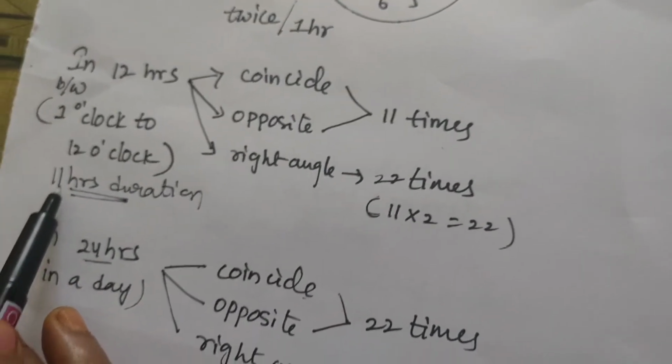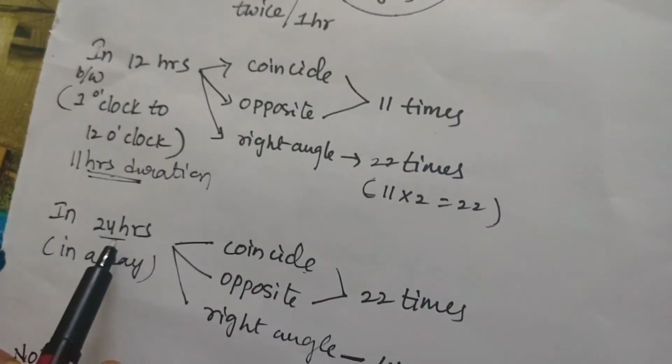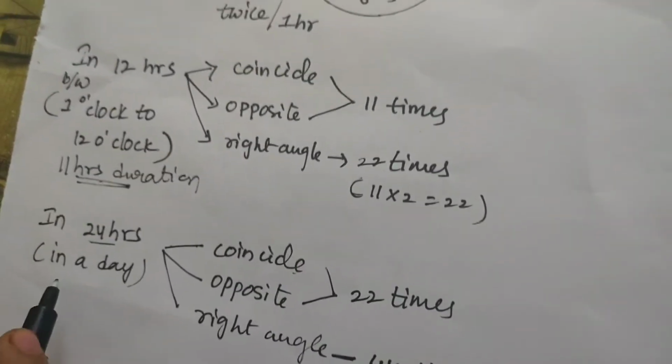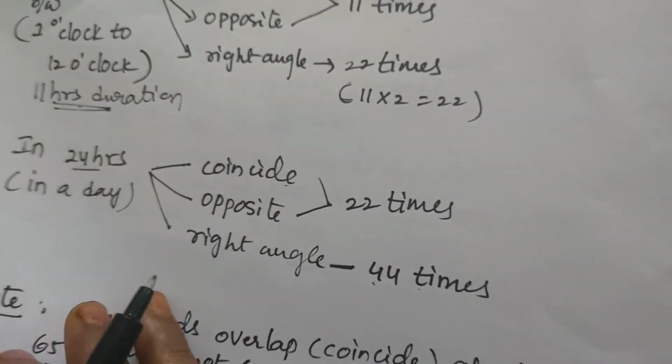Accordingly we have to calculate for 24 hours also: 24 hours means a duration of 22 hours only. Okay, so now we will see some example questions.